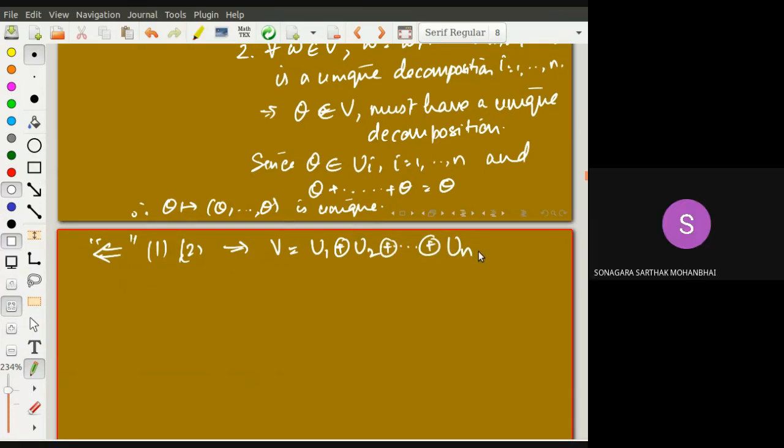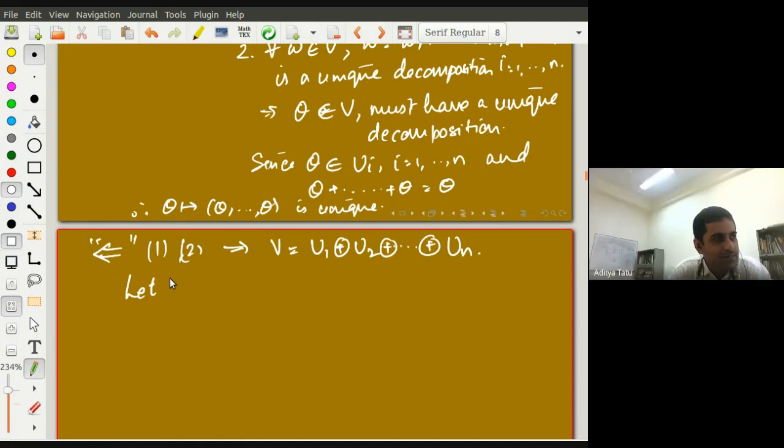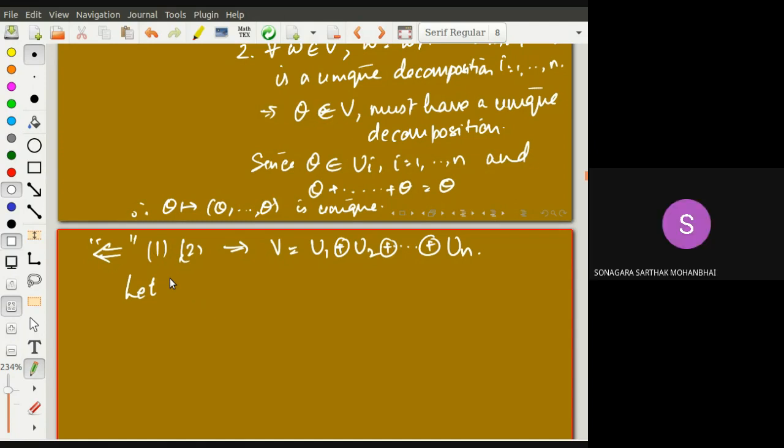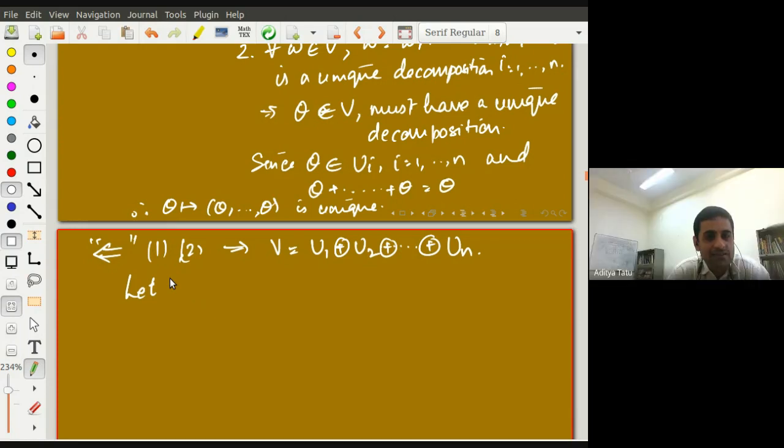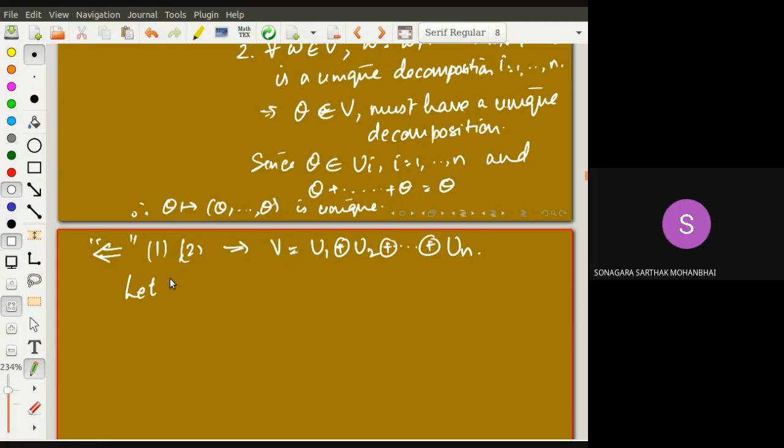By contradiction, we can assume that theta is made in n ways. Why n ways? We can make theta in n ways, or 2 ways also. No, it is given to us that theta has a unique decomposition, so we are assuming theta does not have a unique decomposition.